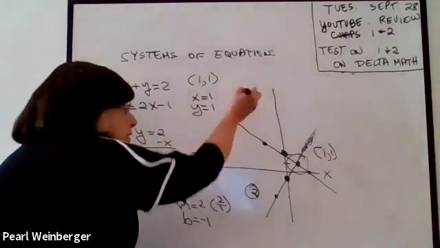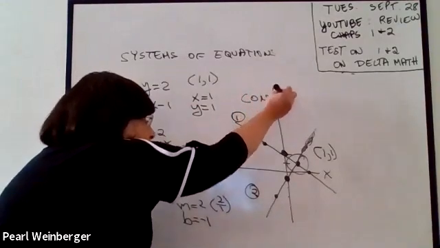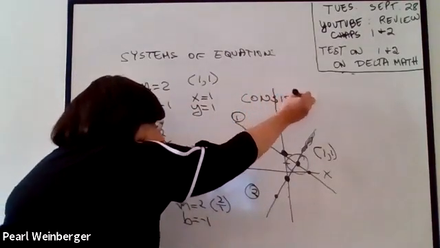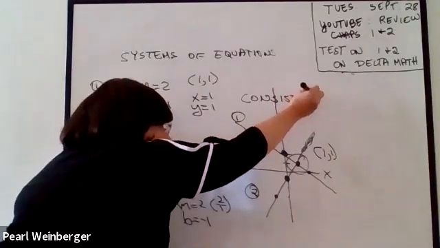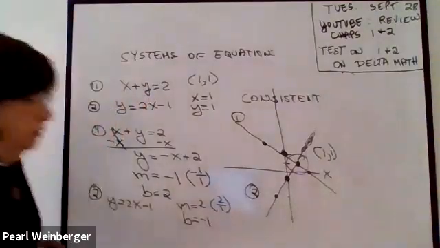When we have something like that, we have what's called a consistent system of equations. A single answer, a single point where the two lines intersect.